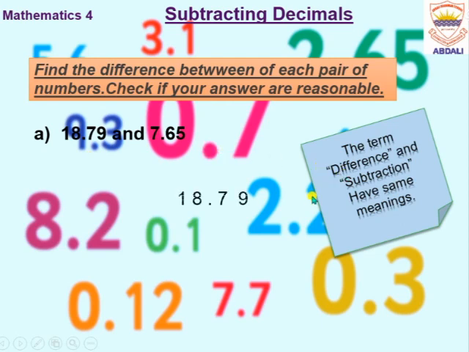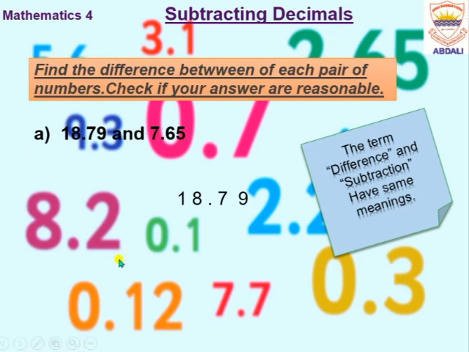So here we have 18.79 and 7.65. Here we have 2 numbers before the decimal, and here we have 1 number before the decimal. So tell me what to do. Very good.